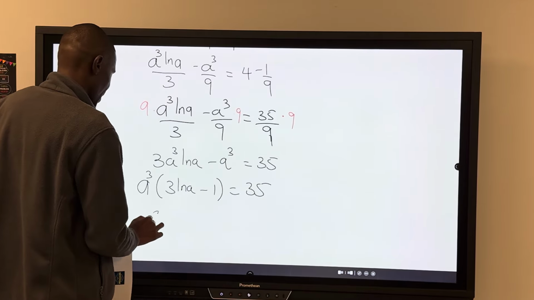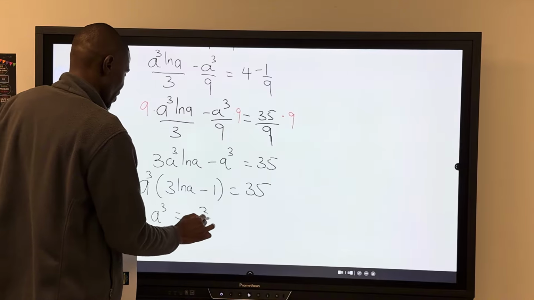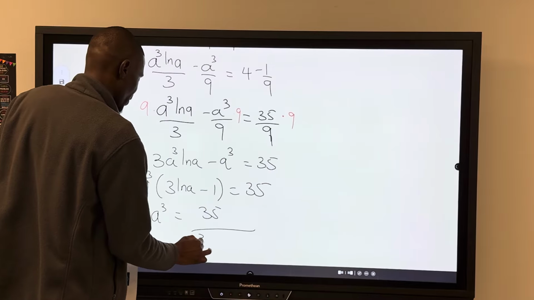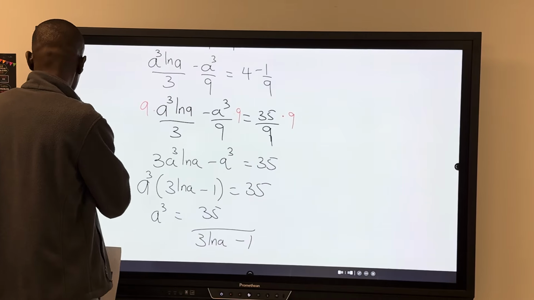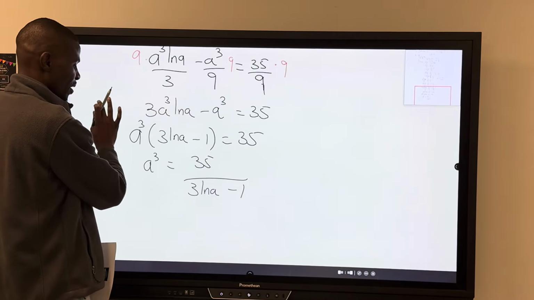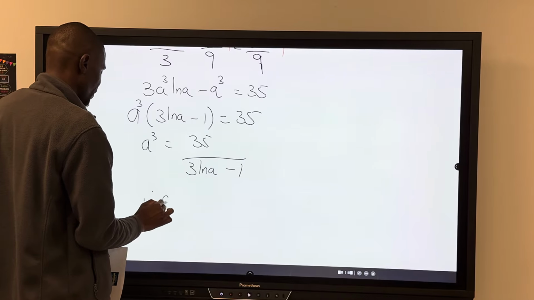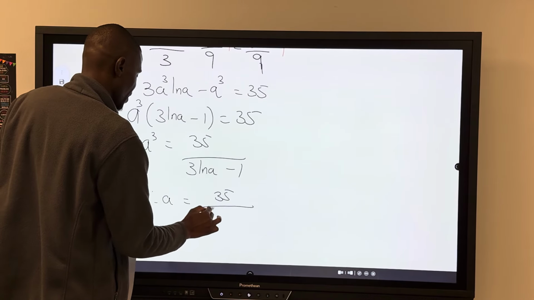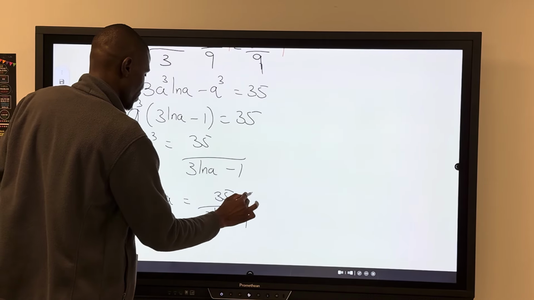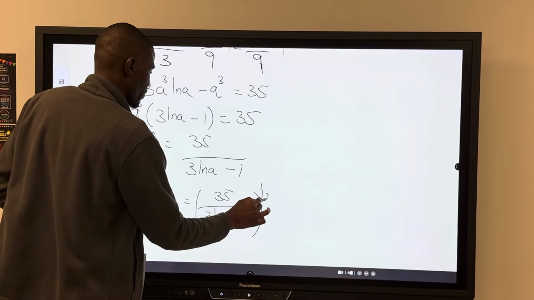So a cubed equal to 35 over 3 natural log of a minus 1. Then now we can cube root both sides. So therefore, a equal to 35 over 3 natural log of a minus 1 to the power of a third.